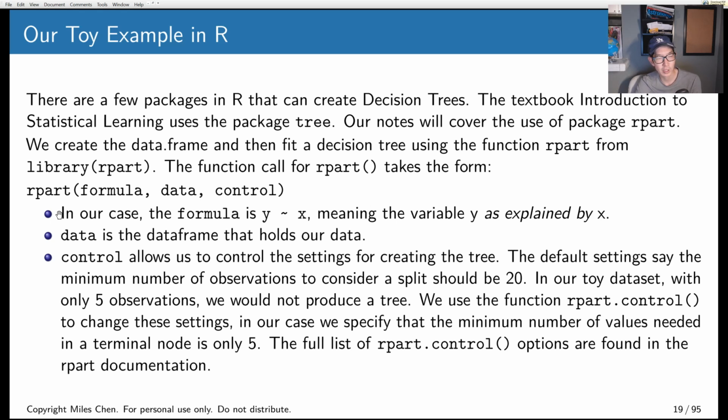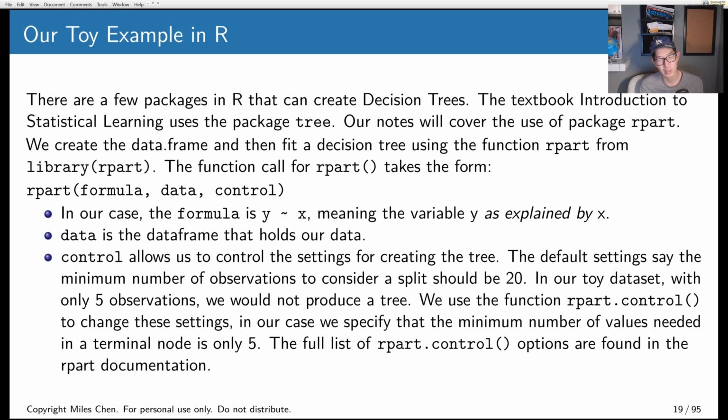the function says, I want to create an rpart, r for recursive partitioning. Our formula is going to be y tilde x, y as explained by x. We give it the data frame that holds our data. And then control is going to give options on how to create a tree. We have to use this because the default control options for creating a regression tree is that the minimum number of observations to even consider a split is going to be 20 observations.